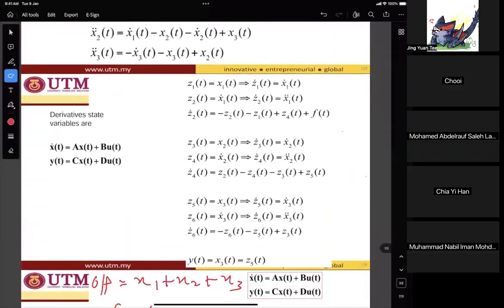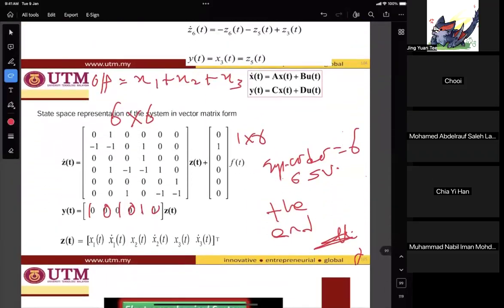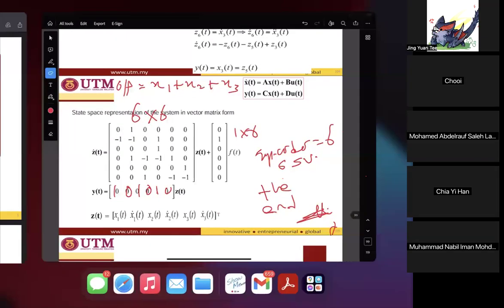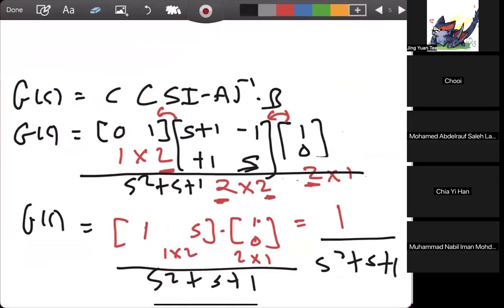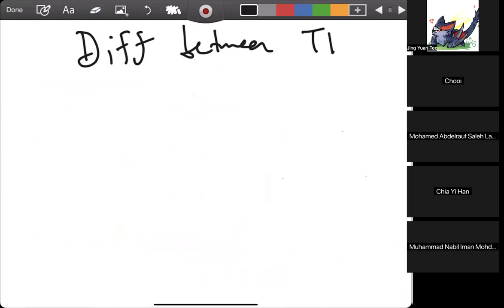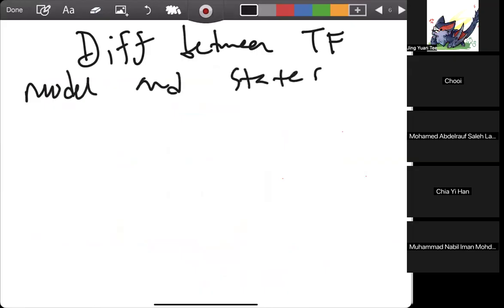In the question, you asked about the difference between the transfer function model and the state space model, and I didn't understand that difference. Okay, the difference between the transfer function model and the state space model.